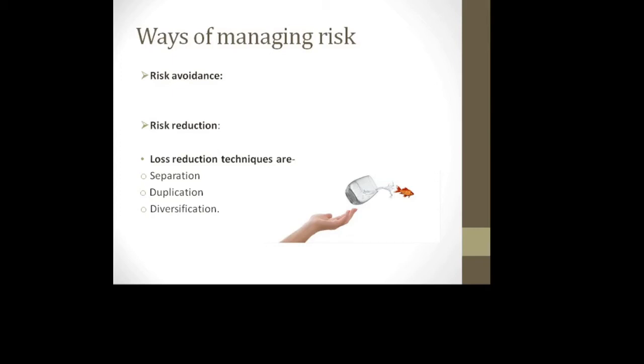So diversification is possible in business, like making products which are in demand, in different types of products for different markets. And in investments also, not investing all your funds in one company, right? Not putting all your eggs in one basket. This is simply diversification: keeping different eggs in different baskets.